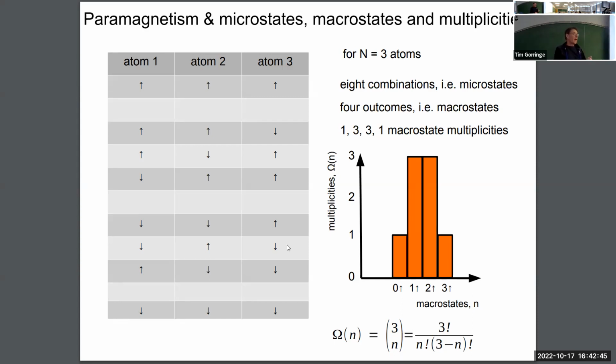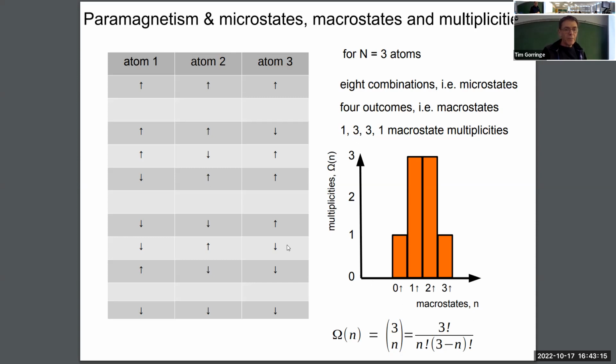So each paramagnetic atom is just like a coin that could be head or tail, up or down. If you had a system that had 3 paramagnetic atoms that could either be up or down, then there would be 2 to the power 3, 8 microstates of that paramagnetic system.